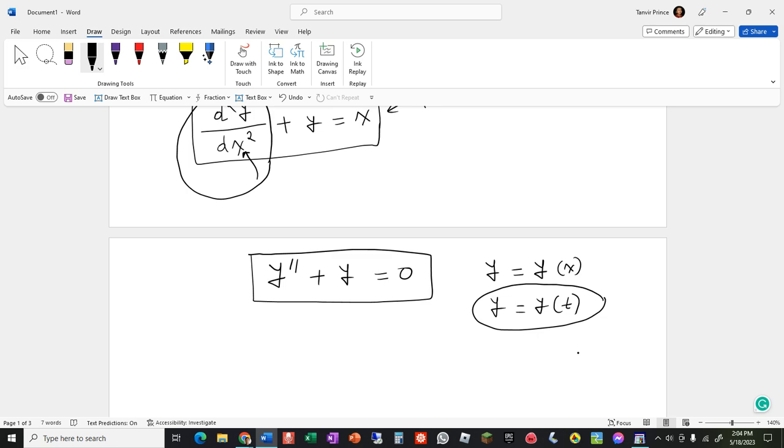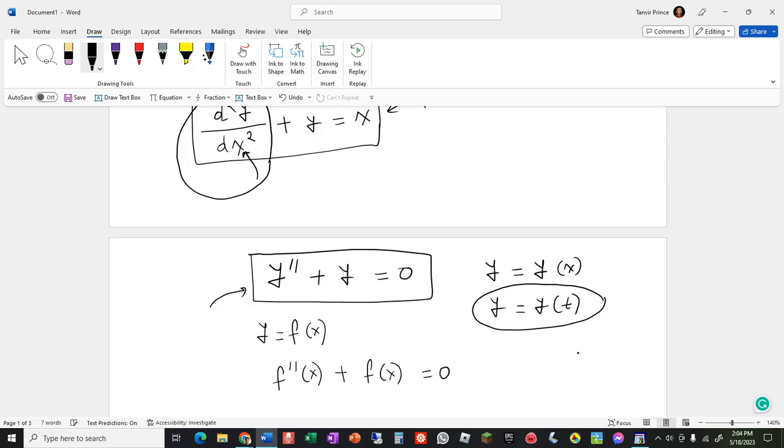This is a very interesting differential equation. Think about that. We're looking for all functions f of x so that the second derivative added to the original function is equal to 0.